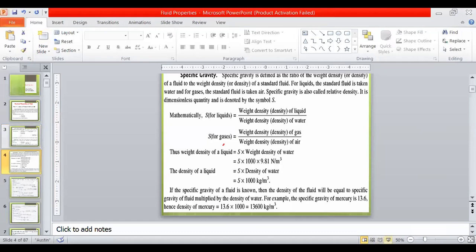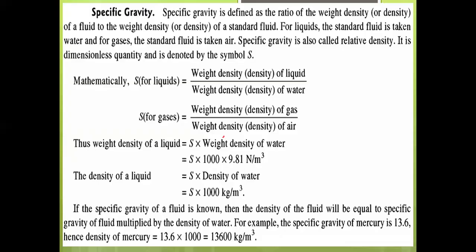But for the other students, if you repeat this once again, it will be better. Will you repeat it once again? It is the ratio of weight density of liquid to the weight density of water.